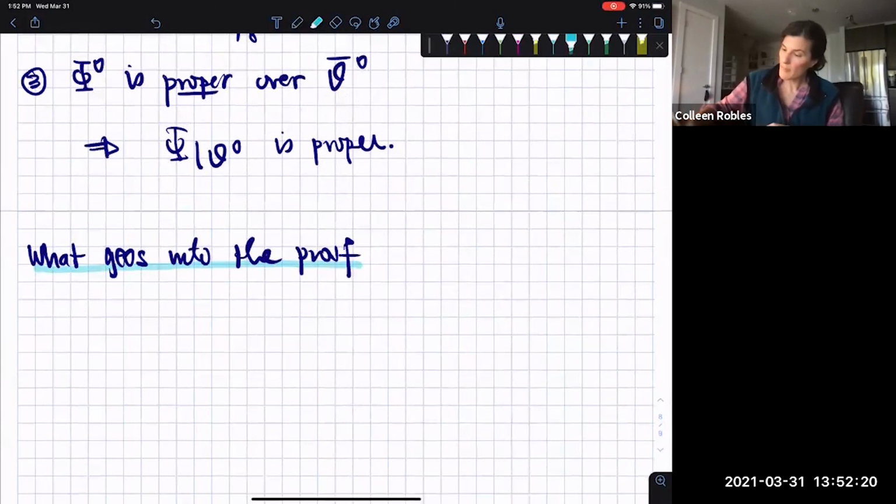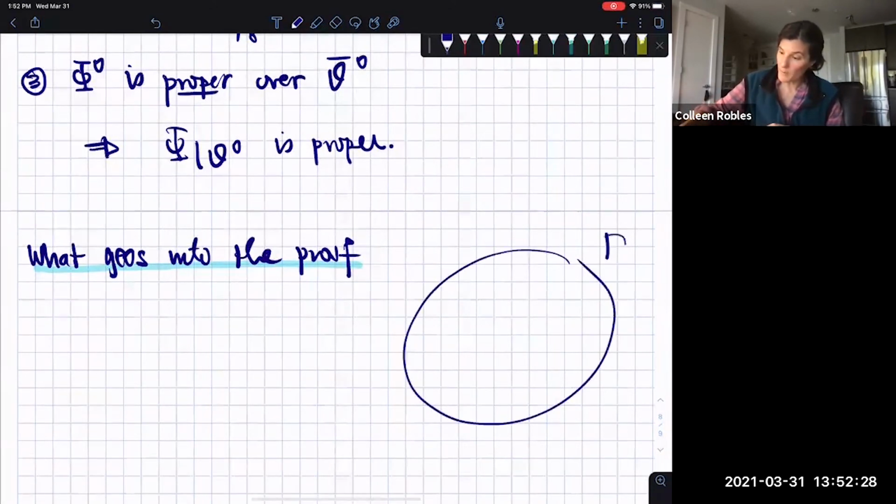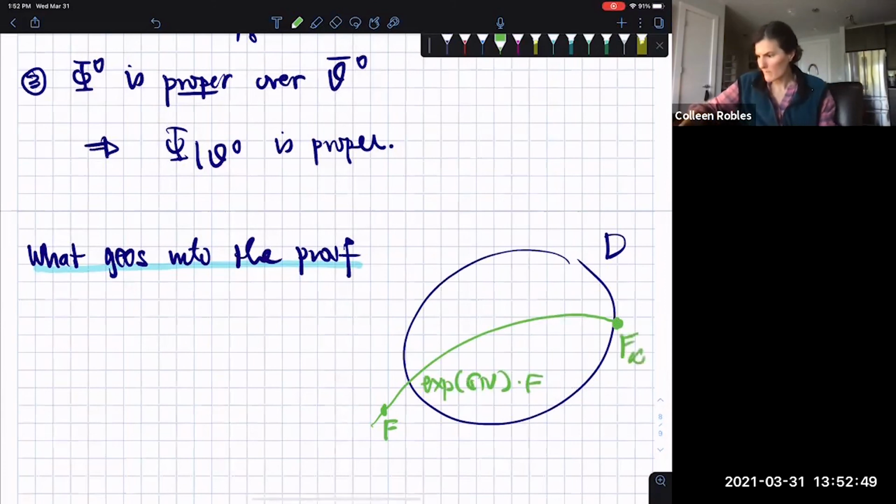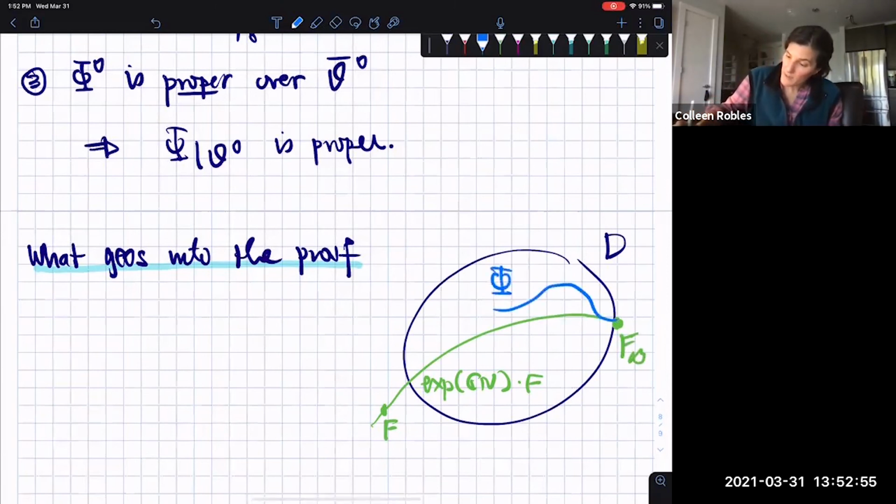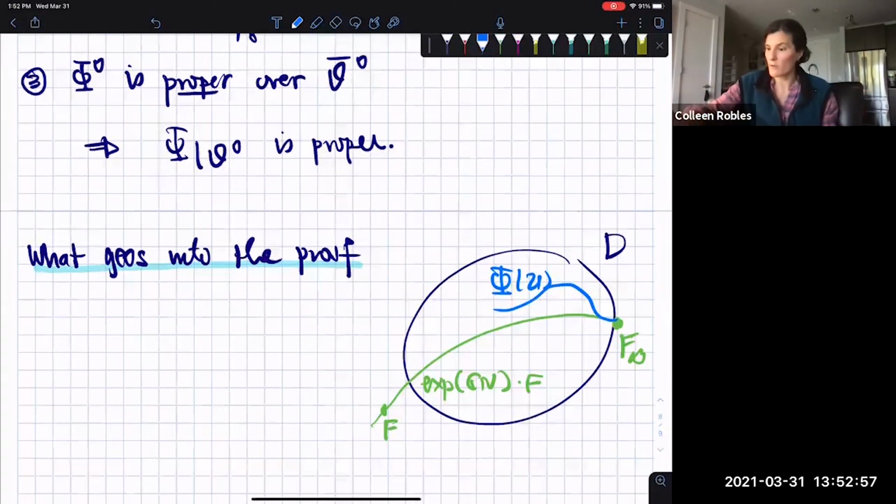So remember the local picture that we get from the nilpotent orbit theorem. So if I'm working locally, I have a nilpotent orbit, and maybe this is F, and let's just do one variable for convenience. I have a nilpotent orbit that approximates the period map out at infinity in one of these local coordinate charts.